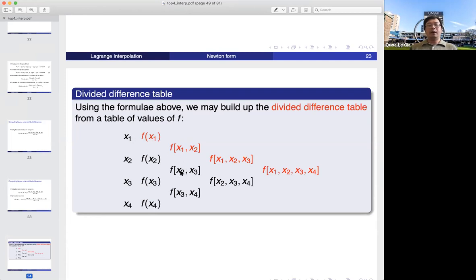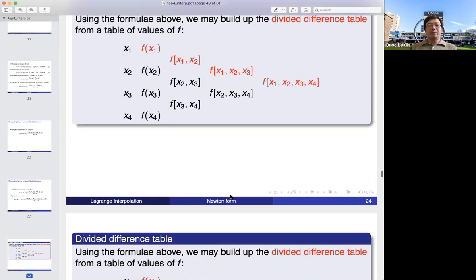So f of x2, x3 is just f of x3 minus f of x2 divided by x3 minus x2, okay? And for the divided difference over x1, x2, x3, you just take the difference of the divided difference over x2, x3 minus the divided difference over x1, x2, over x3 minus x1, and then so on.